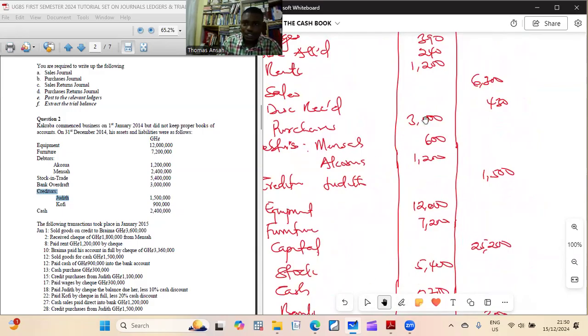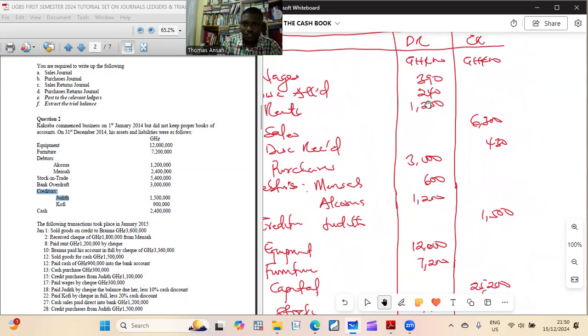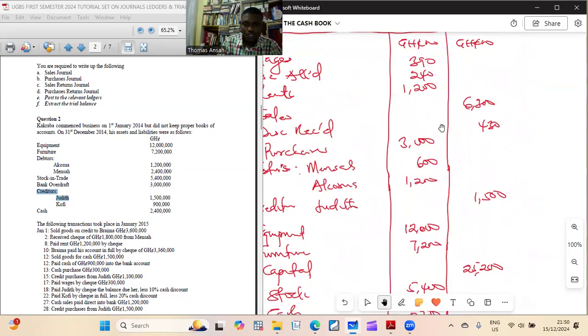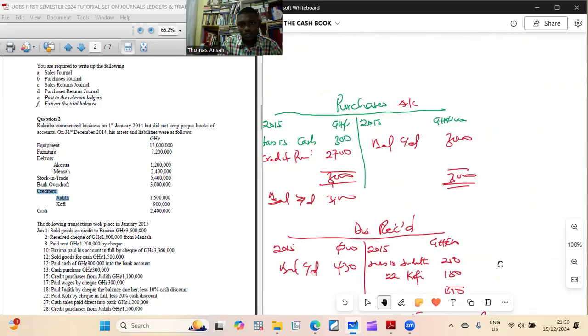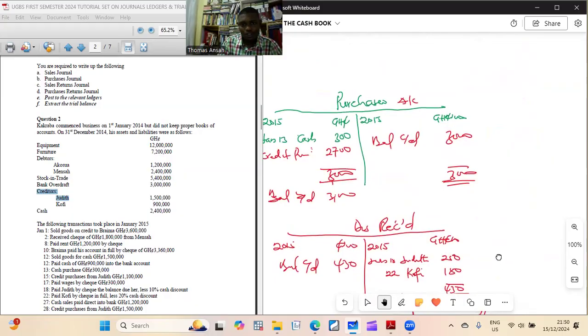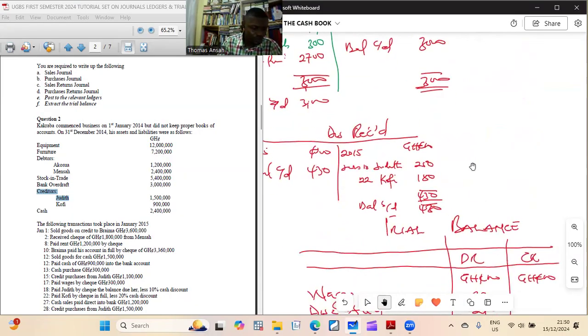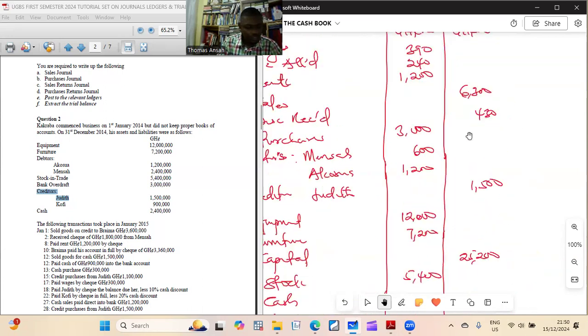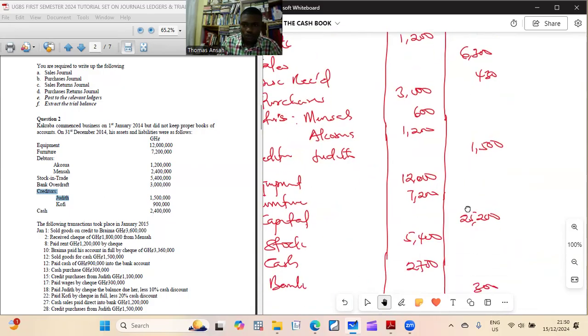So this side is 390. This is 240. There's 1,002. Purchases. How much do we have in our purchases balancing? Exactly 3,000. So I have 3,000. Then we have 600, right? Then we have 1,002. Then another 12,000.